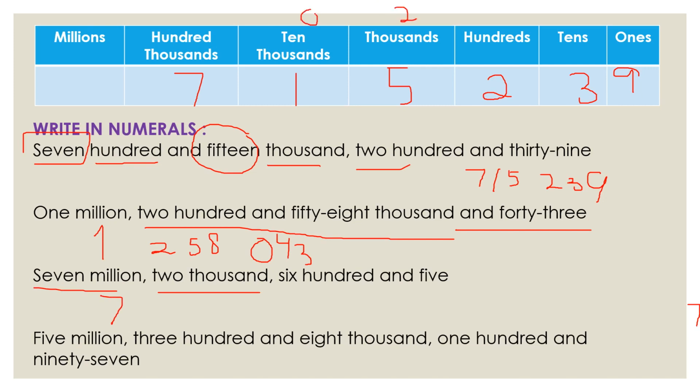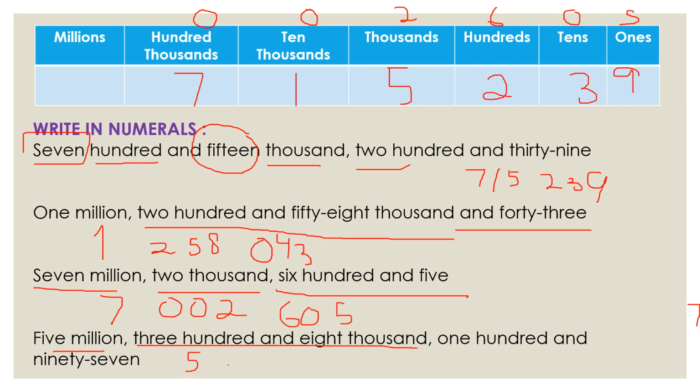So that means there is no 10,000s, there is no 100,000s. So we have to write it as 0. 605 means there is no tens. So we will write it as 605. 5,308,197.